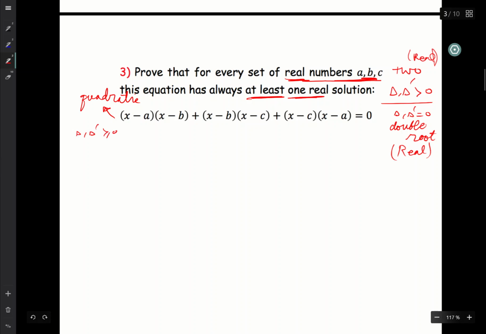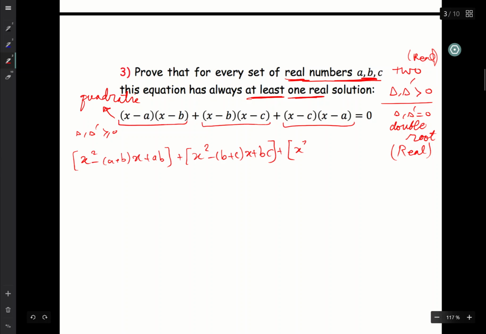Alright, let's simplify it. The first term is x squared minus (a plus b)x plus ab. The second term is x squared minus (b plus c)x plus bc. And the third term is x squared minus (a plus c)x plus ac, equals 0.